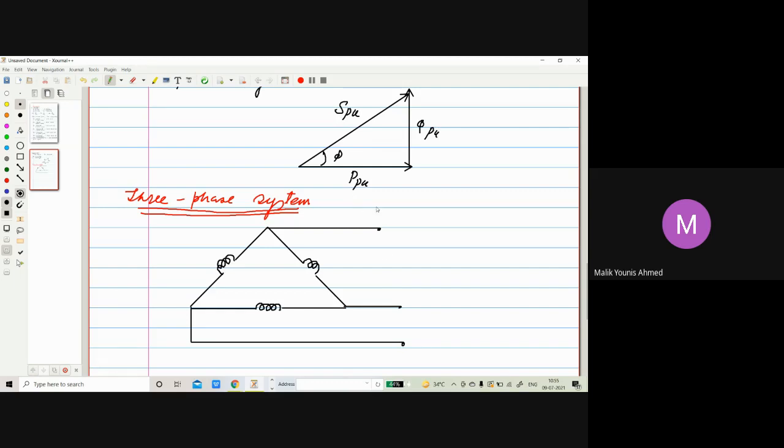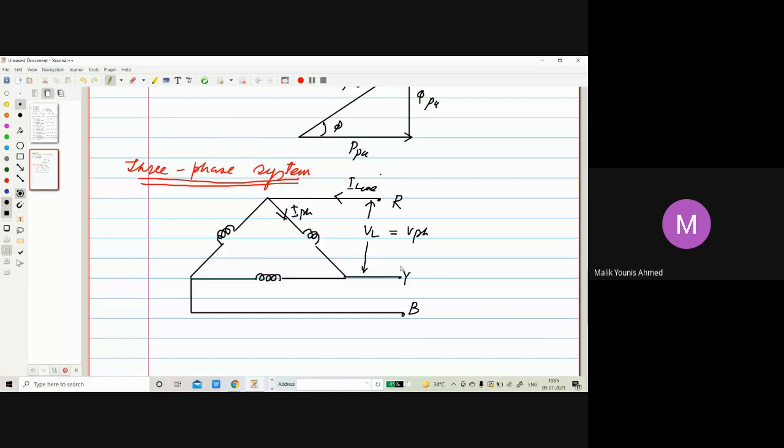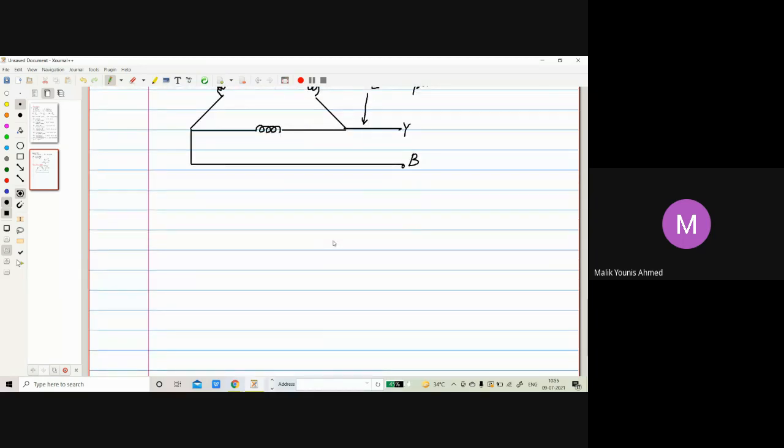Here I can write this is the line current, ILINE. And in case of delta, we know that the line voltage will be the same as the phase voltage. Both of them will be the same in case of a delta connection. So phase current will flow in each of the phases like this, I phase. This is R phase, Y phase, and B phase. This is the connection which we have in case of delta, that you already know.